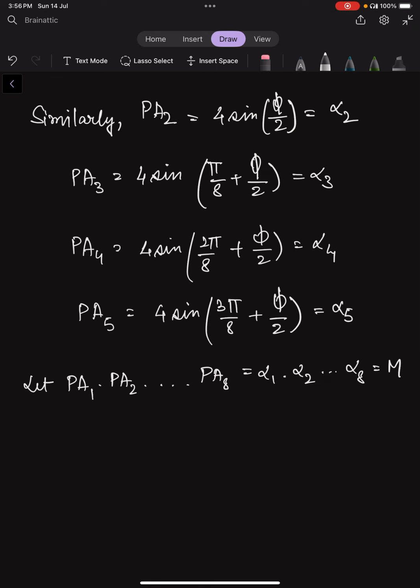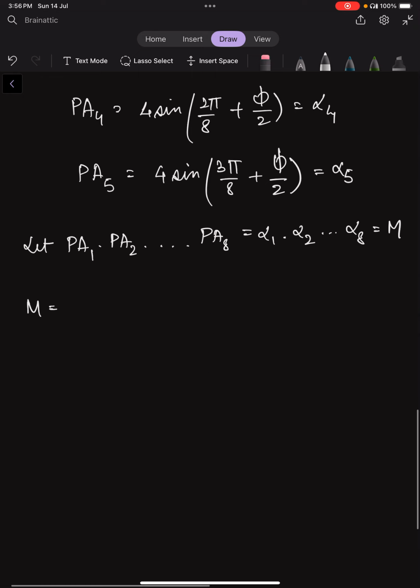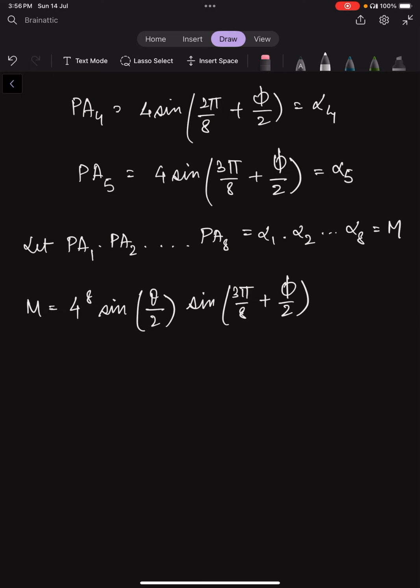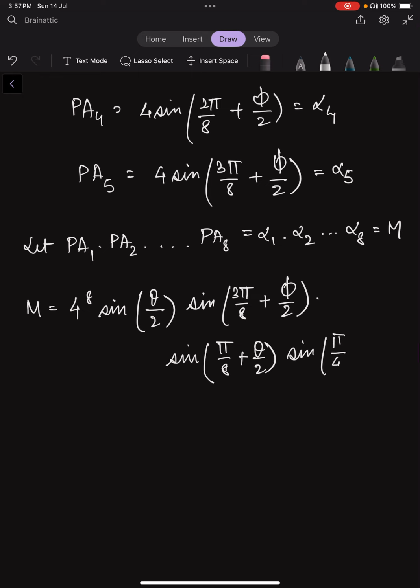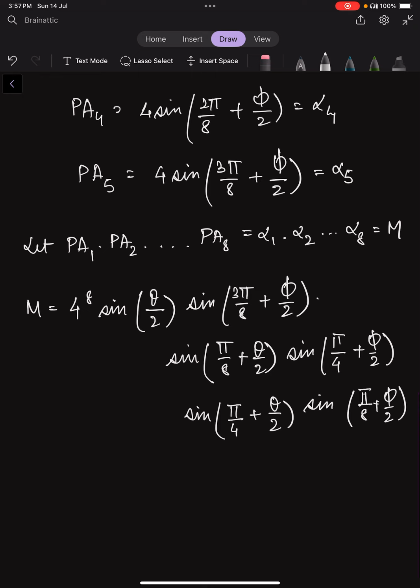Alpha 8, let me call this M. Now, my M basically looks like this: 4 to the power 8, sine theta by 2, sine 3 pi by 8 plus 5 by 2, in product with, these are all product terms, I'm just writing for the space issue, sine pi by 8 plus theta by 2, sine pi by 4 plus 5 by 2, sine pi by 4 plus theta by 2, sine pi by 8 plus 5 by 2, product again.